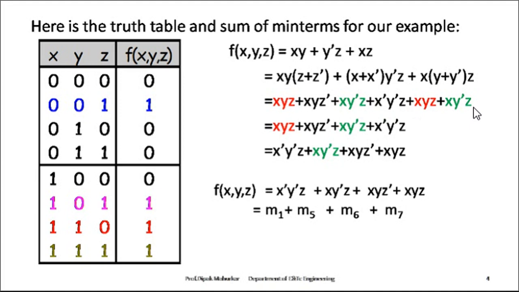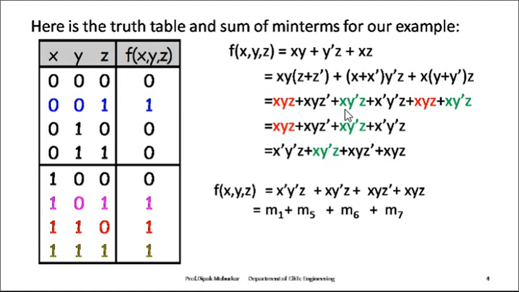So we know the Boolean algebra theorem: a + a = a. Because the two terms are the same, by using this rule, instead of two times I will write that term one time, meaning x into y into z.